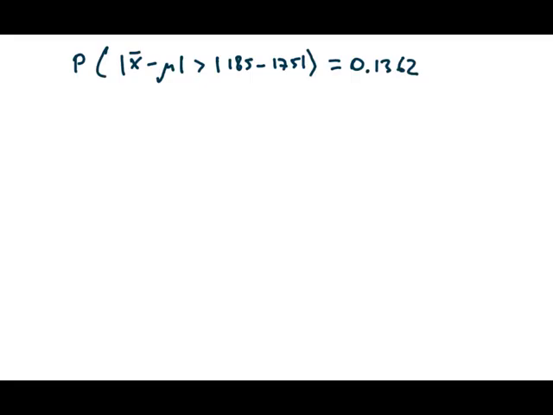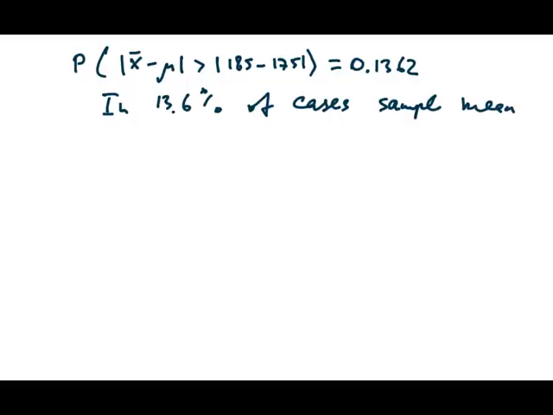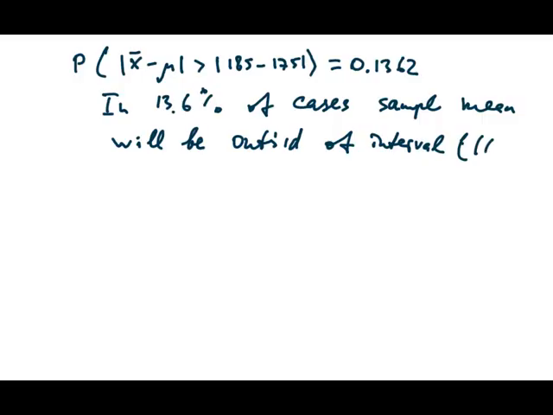Thus, in 13.6% of cases, the sample mean will be outside of the interval 165, 185.